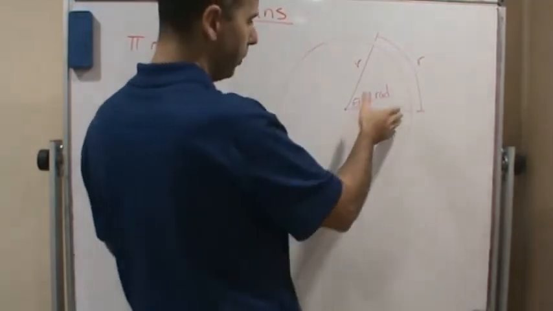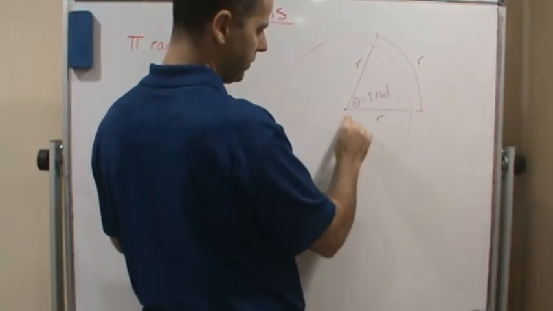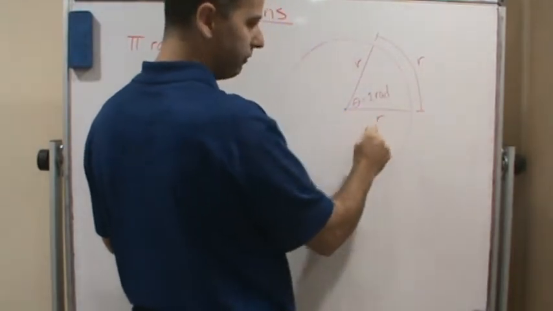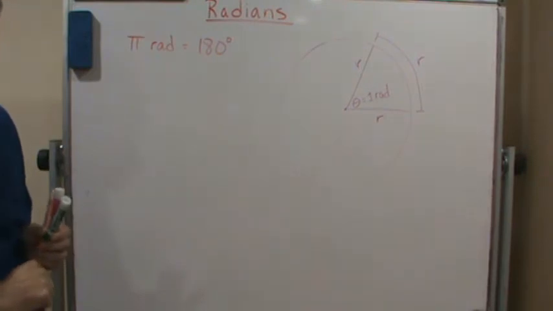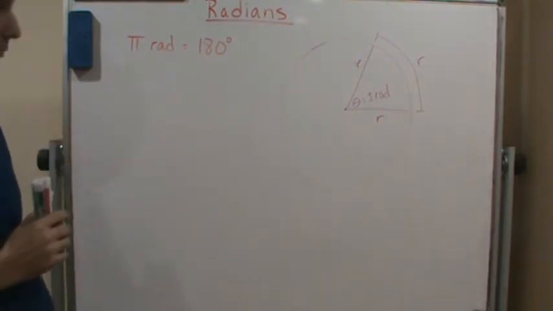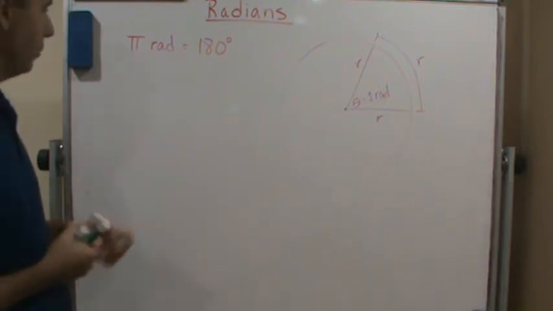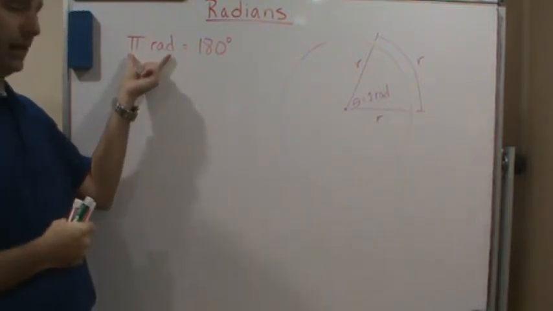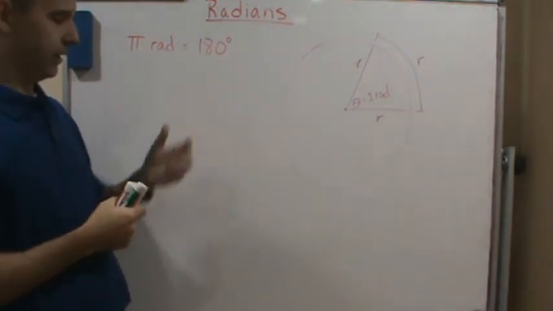So we can put about 6 of these wedges in here, and then we've got a little bit left over, which is about 0.28. But what it turns out to be is that pi radians is equal to 180 degrees.